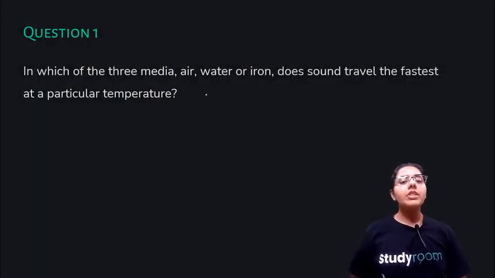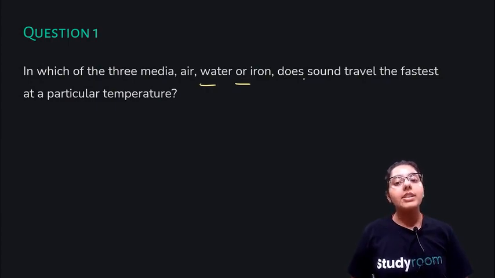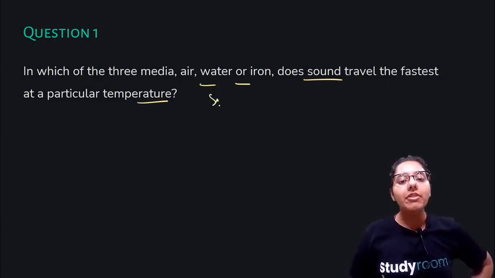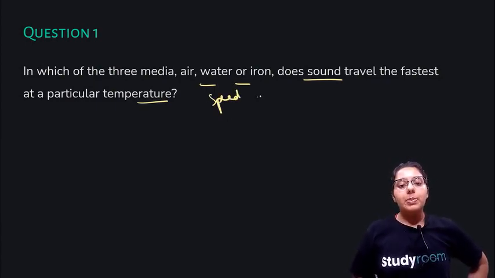So in which of the three media, air, water or iron, does sound travel the fastest at a particular temperature? You tell, since we have already studied that, sound travels fastest in solids.